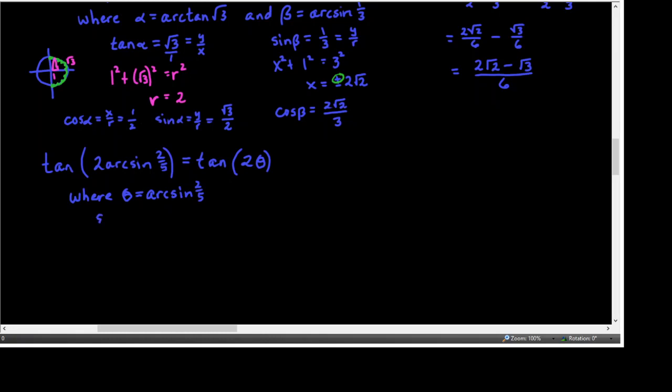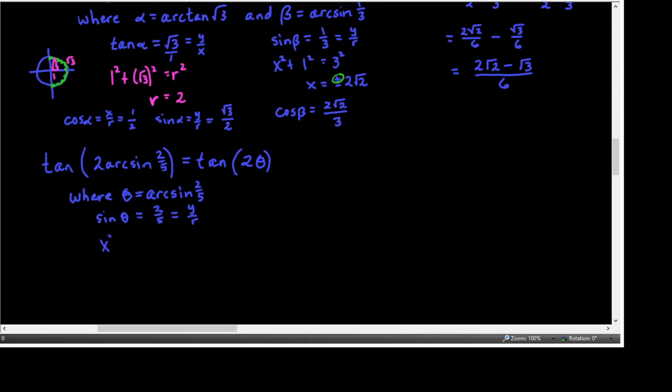And writing that without the arc in it means that sine of theta is 2/5. Sine is y over r.